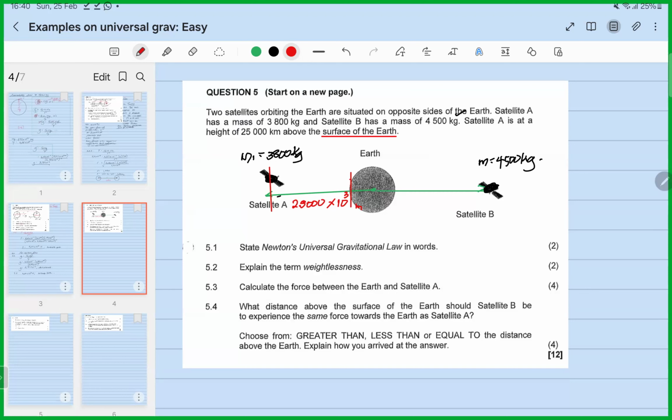That's in meters. You still have to add on the radius of the Earth. And the radius of the Earth, if you check, should be about 6.38 times 10 to the 6 meters. It'll be on your data sheet, so you will look for this value to use.